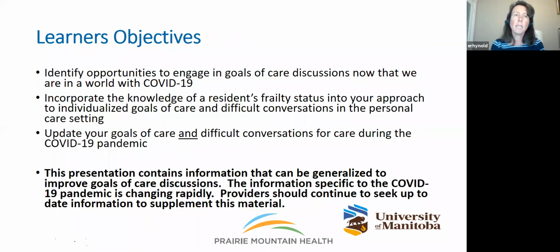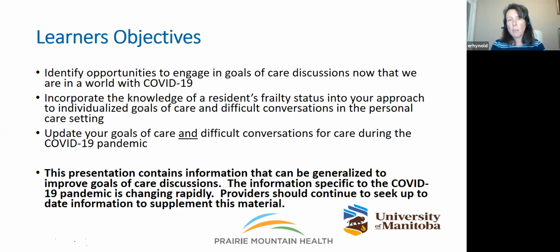So that sets the scene for our objectives today, which is to identify the opportunities to engage in goals of care discussions, and those opportunities now that we're in a world with COVID-19.